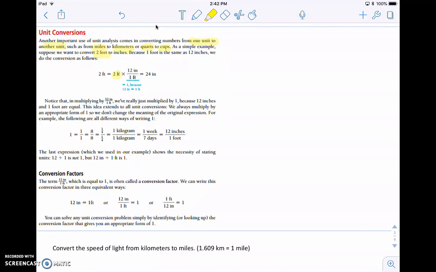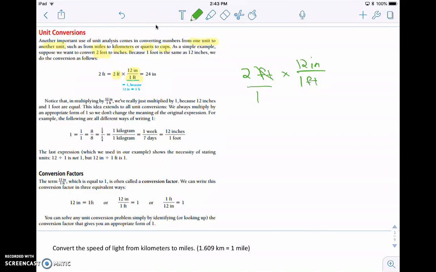Sometimes this is called a unit fraction, and that unit fraction would be 12 inches in every 1 foot. So we take 2 feet and multiply it by 12 inches for every 1 foot. Technically this is 2 over 1 when we look at the fractions.